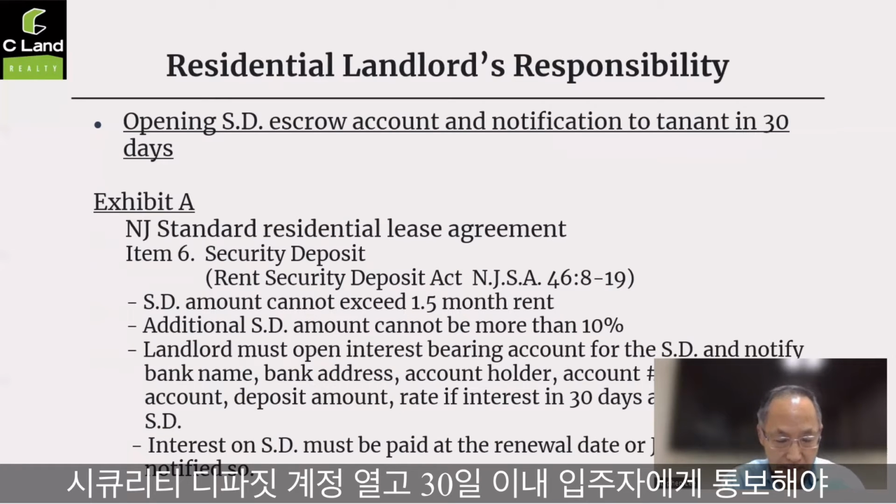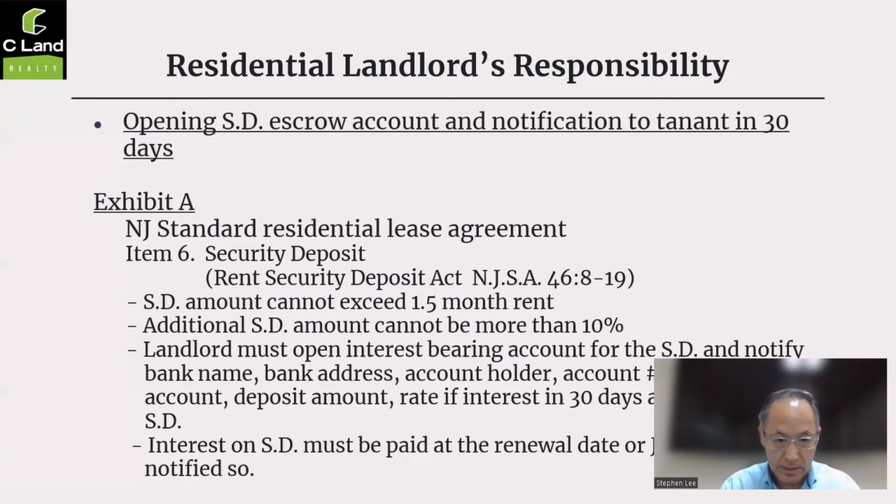Specifically, this section, item number 6, is based on the Rent Security Deposit Act, NJSA 46:8-19. So literally, this lease agreement specifies this act from the beginning to the end of item number 6.